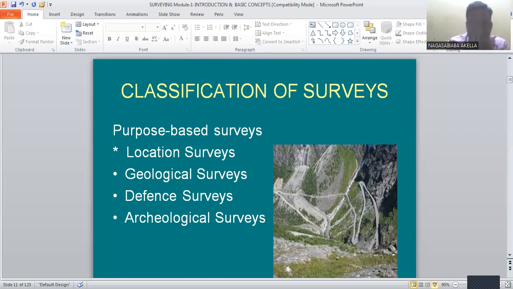Next, defense survey: military people do this survey, that comes under defense survey. And archaeological survey, to explore antiquities which are embedded in the ground. So these are all called purpose-based surveys.